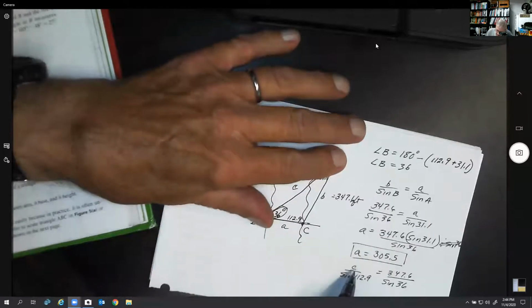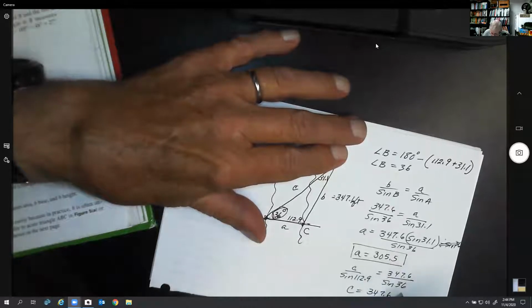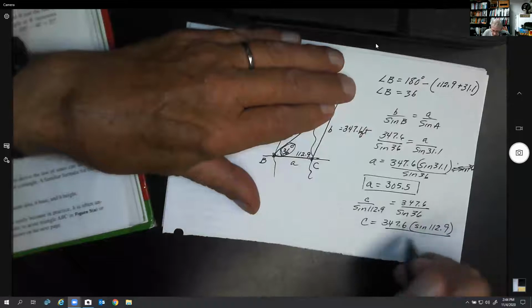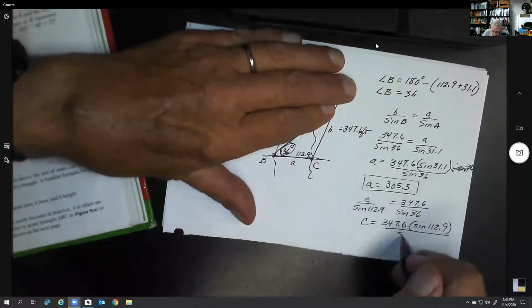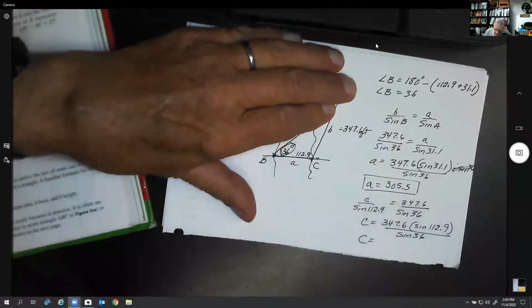So here's a situation where C is over here. So C is going to equal 347.6 times the sine of 112.9, multiplying those two, divided by the number that's left, sine 36. C is, and then we just plug them in.